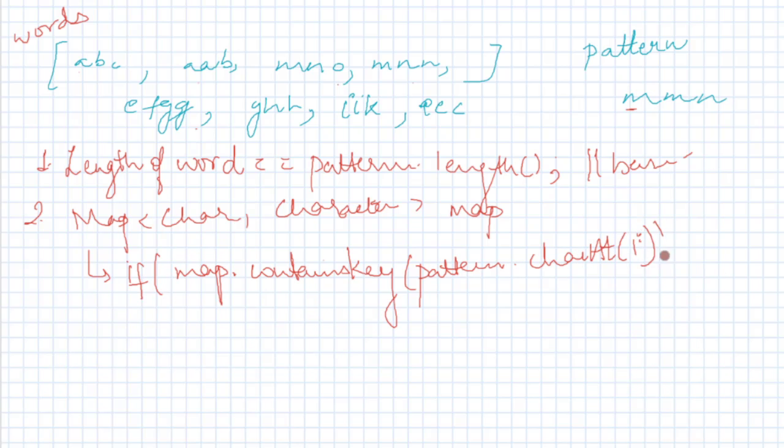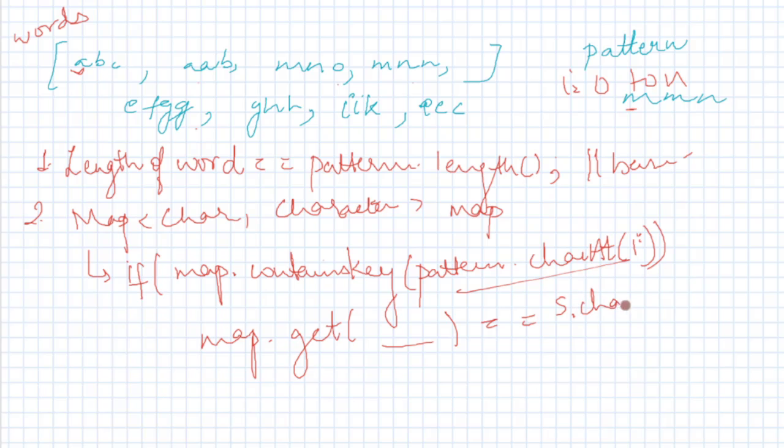So we are iterating for each and every element. We take i equals 0 to n, that's the length. So if it contains this, you will check and get this value here. If this is equal to the already stored element, that is s, or you can say word.charAt(i), that means it's fine.